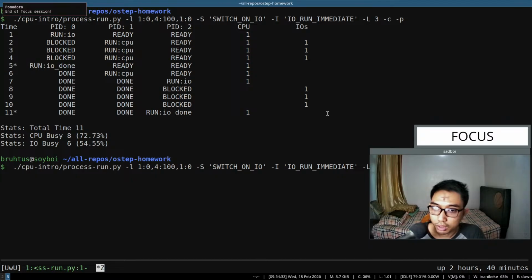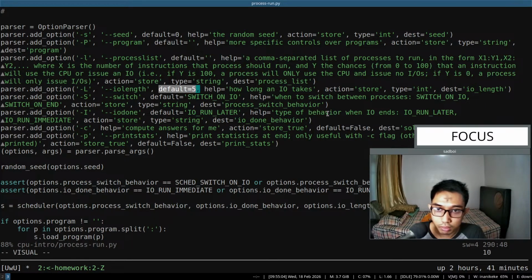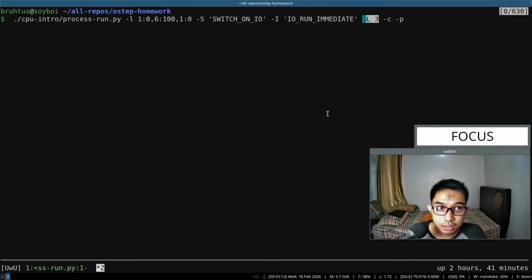Okay, maybe we need to increase this to maybe 6, the input output length that we specify rather than the default 5 input output length or time, maybe that's the word.